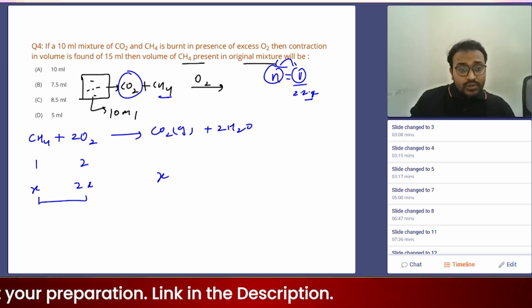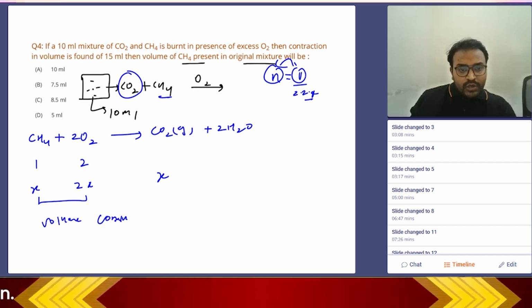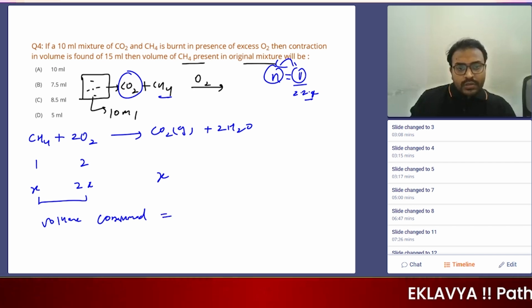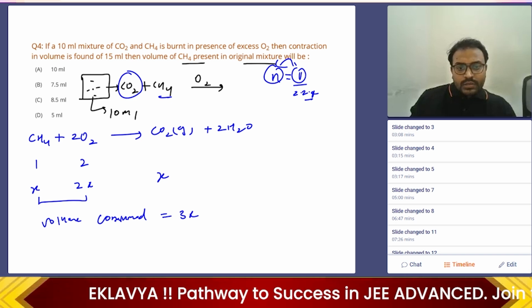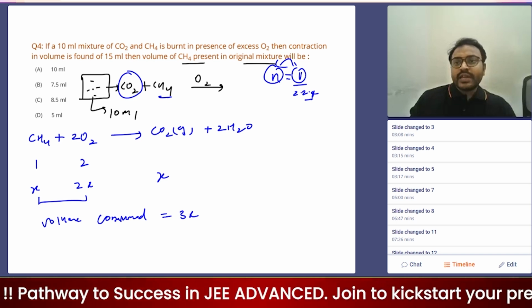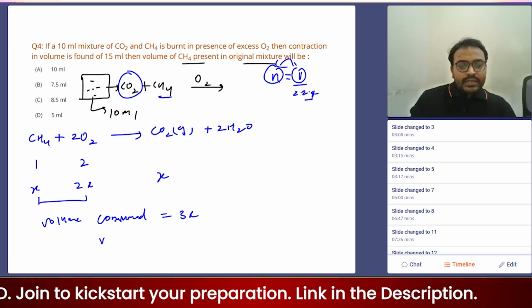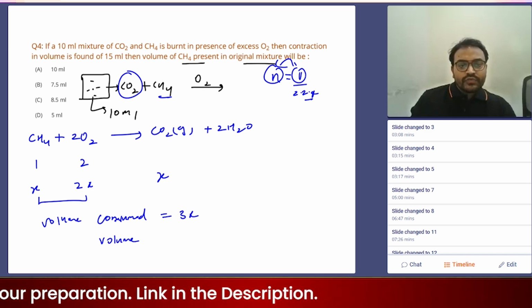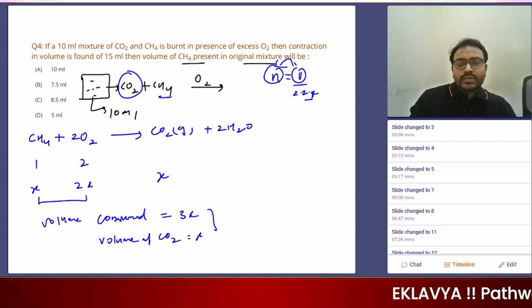So the total volume consumed will be equal to 3x, and we are getting X amount of CO2, that is the volume of CO2 formed, X. So we can calculate the volume contraction.